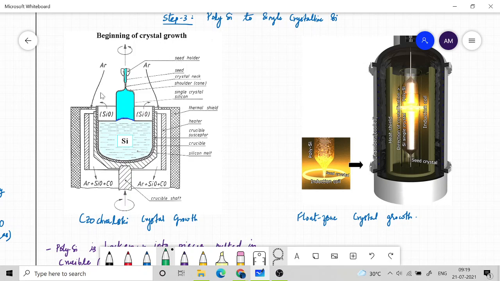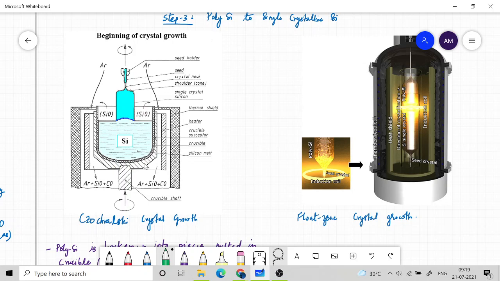So you slowly pull, and another thing that is done is that while pulling, you can rotate it relative to the crucible. That makes sure the temperature distribution and so on are uniform everywhere.